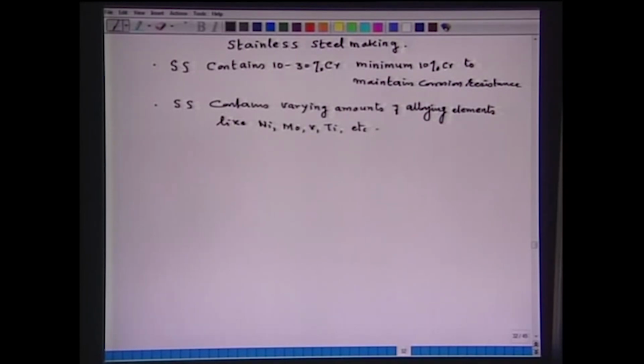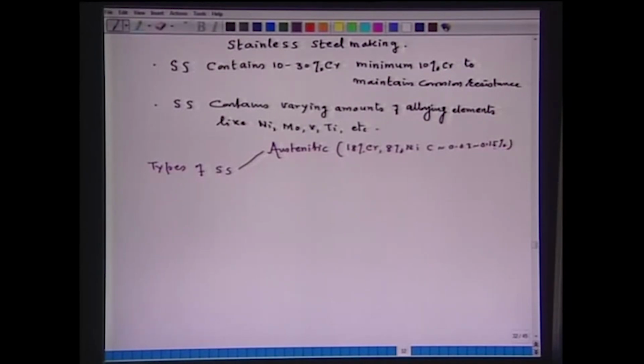Now, certain types of stainless steel. One, austenitic. For this austenitic steel, a rough idea of the composition: 18% chromium, 8% nickel, carbon may vary from 0.03 to 0.15%.